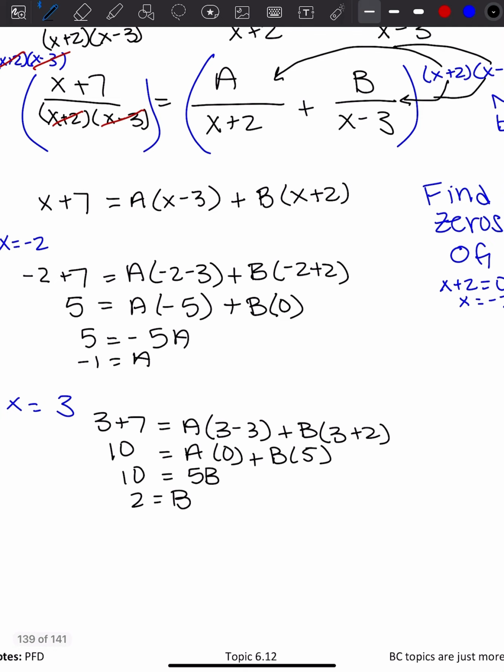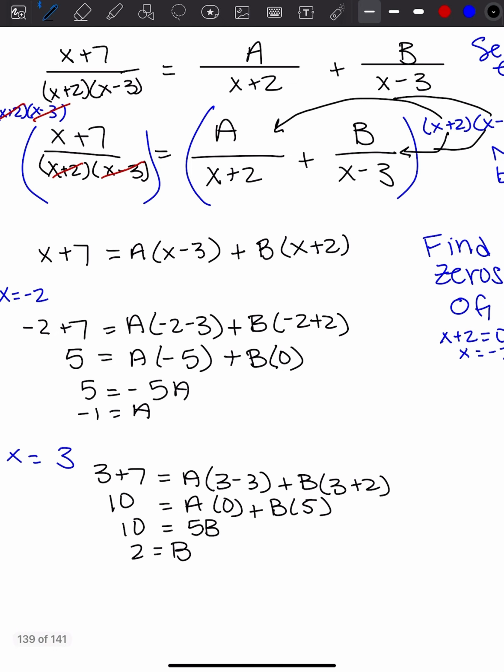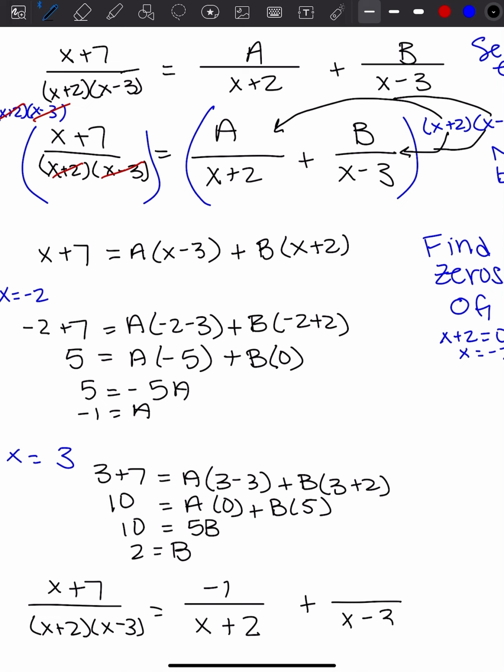So now we're going to plug these back into our original function. We now have x plus 7 divided by those factors is equal to... here's where I want to be a little bit careful, making sure that I'm plugging it into the right thing. This first one is a divided by x plus 2. A happens to be negative 1, so I'm going to put negative 1 over x plus 2, and we have 2 over x minus 3.